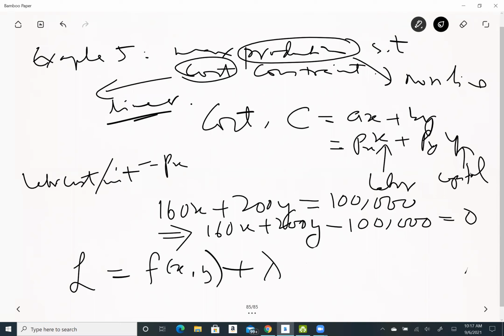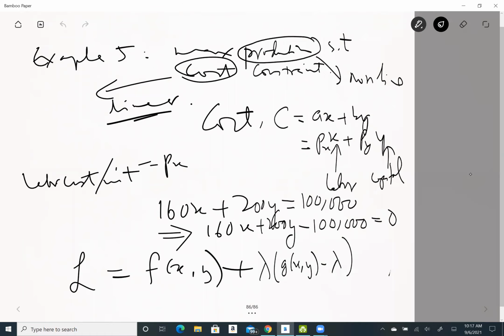Okay, gxy minus k. Right, so that is our constraint. Now you write down the specific production.